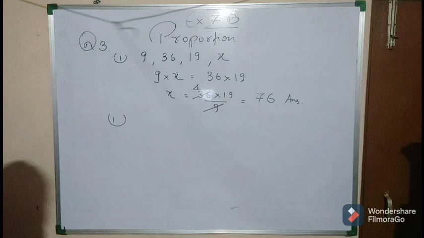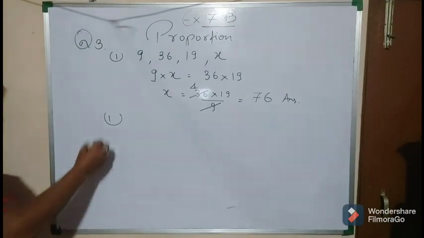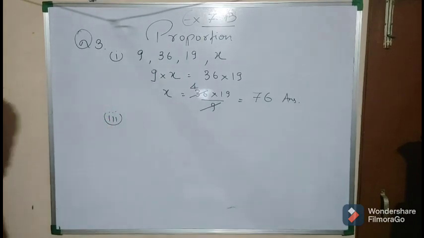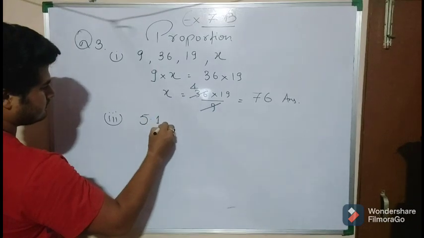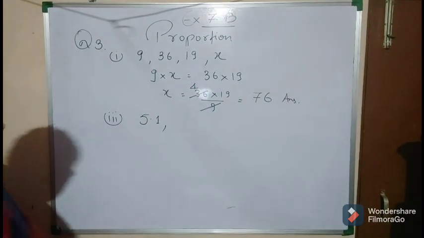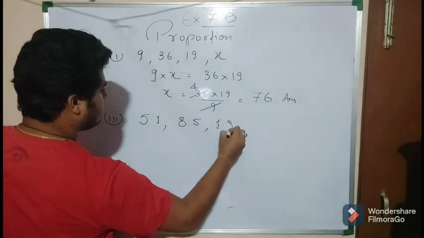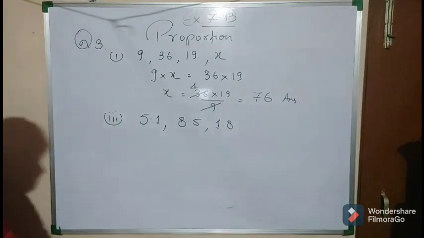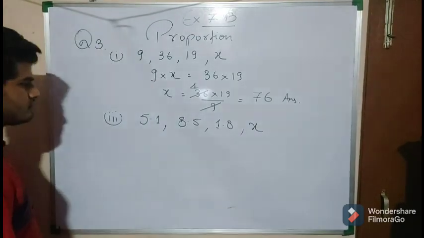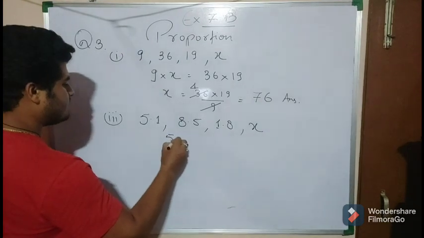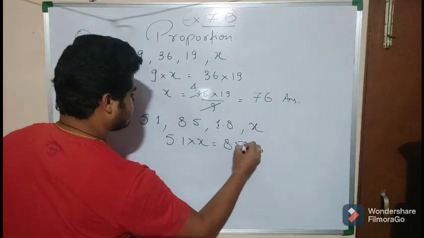Let us see the third part, which is saying 5.1, 8.5, 1.8. So let us take the fourth proportional to be x. Again, product of extremes equals product of means.